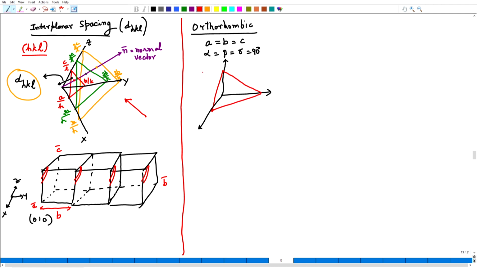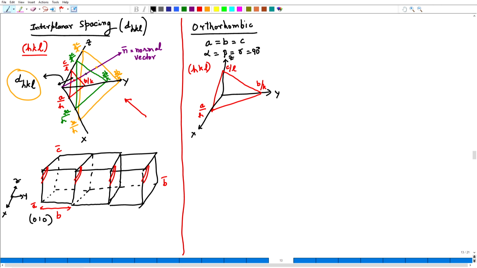Now, this is some HKL plane whose Miller indices are HKL. This plane will be intersecting the x axis, y axis and z axis. Along the x axis it will intersect at a by h, along the y axis it will intersect at b by k, and along the z axis it is going to intersect at c by l.